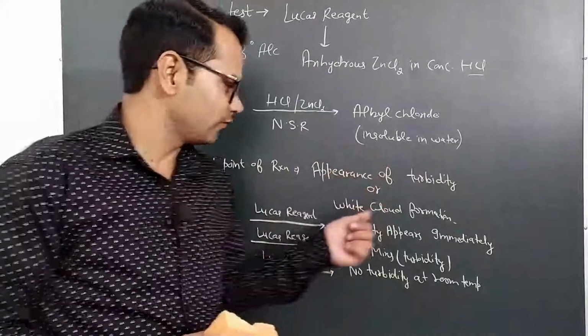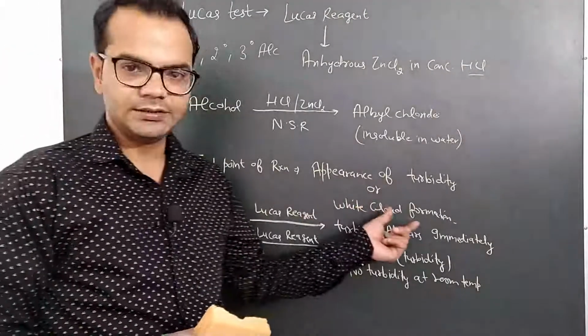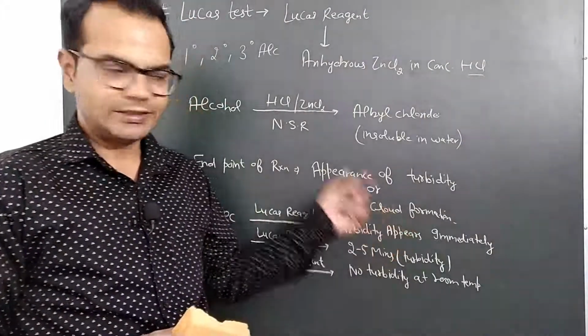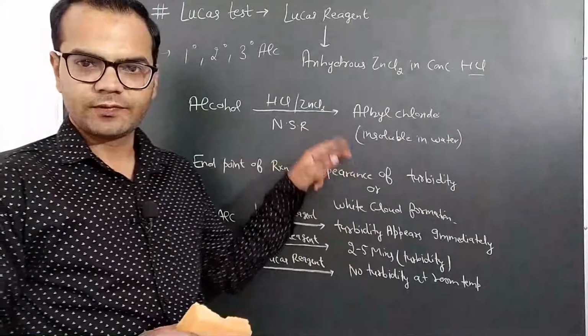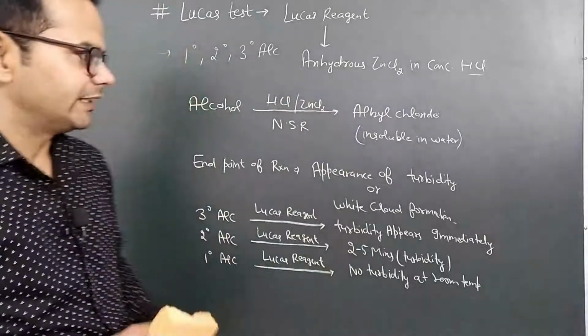Now we have a question: why does tertiary alcohol react immediately and give turbidity immediately? So what is the mechanism behind this Lucas test or Lucas reagent? Now we have a detailed mechanism.